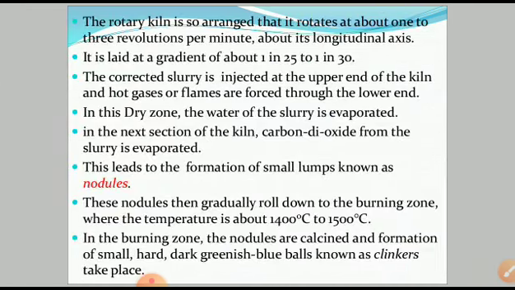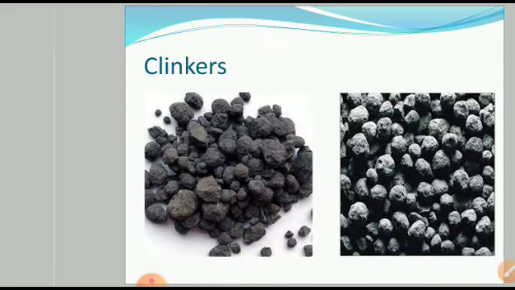Then you can also see the temperature in the burning zone is around 1400 to 1500 degrees Celsius, where this particular slurry will transform into nodules and finally the clinkers are formed.